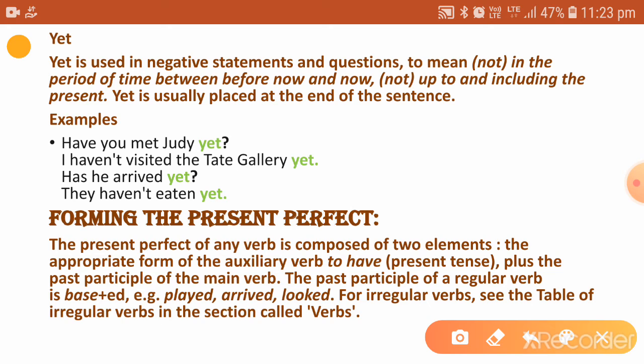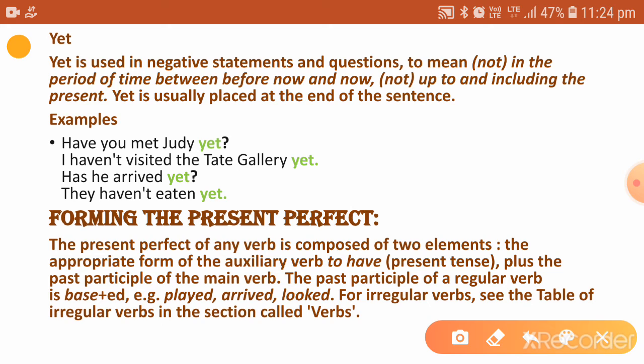Has he arrived yet? It means we want to know, has he come up to now or at this point of time? They haven't eaten yet. It means we are confirmed in this sentence.